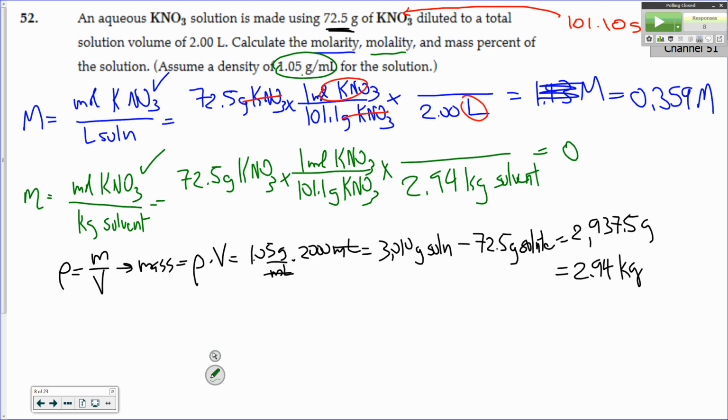And I get the molality is 2.44 mol. I'm getting a different number for the kilograms of solvent. Okay, so applying the 1.05 to 2,000, it doesn't change it much. Yeah, that's what I try to do when I do math in my head. All right, so now subtract that less 72.5.